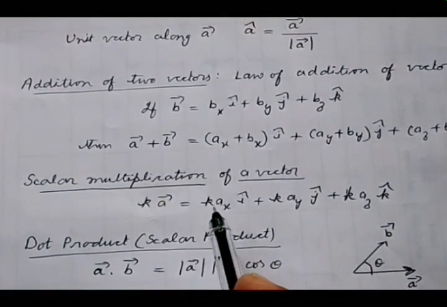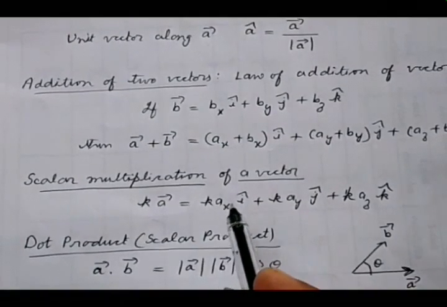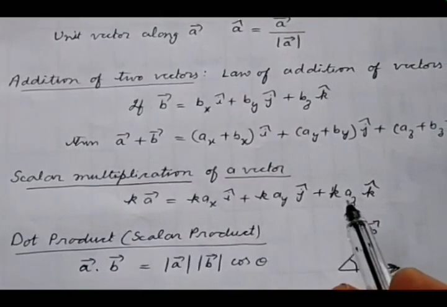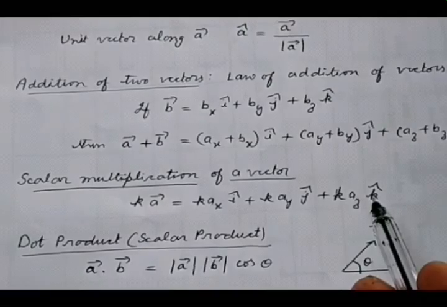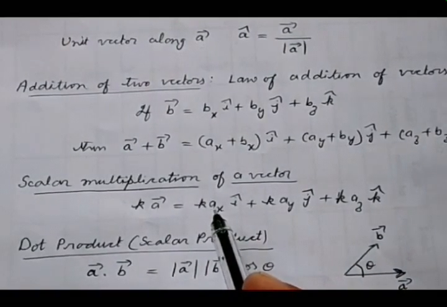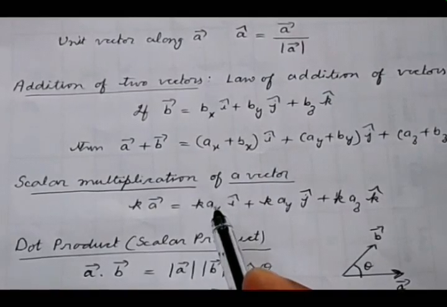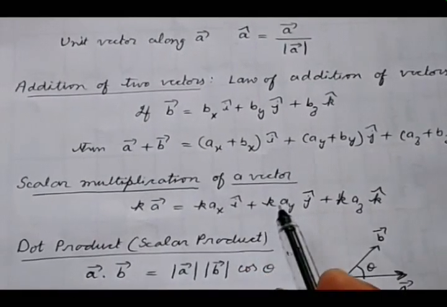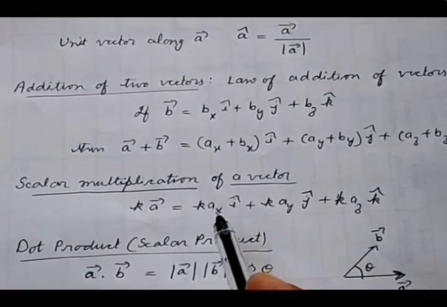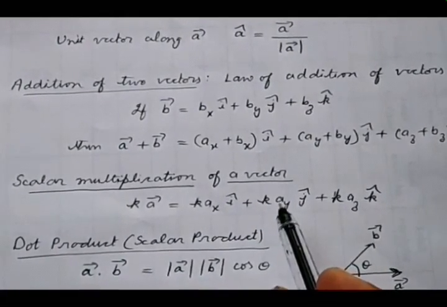It's simply given by k ax i cap plus k ay j cap plus k az k cap. So what we are doing here is simply multiplying each of the components of the vector A bar by k. So that is called scalar multiplication. Again you see the result here is a vector.